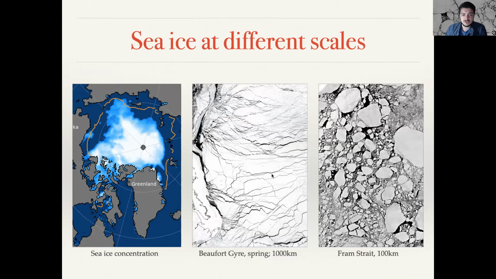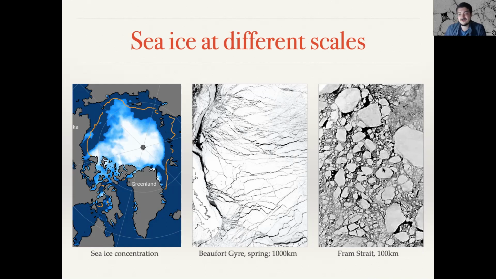However, as you keep zooming in, now we're looking at the Beaufort Gyre region over here, you start seeing quite a lot of leads, some fractures, and some very nice floes forming in between those fractures. If you keep zooming in even more, at a scale of 100 kilometers in the Fram Strait, you start seeing some distinct chunks.